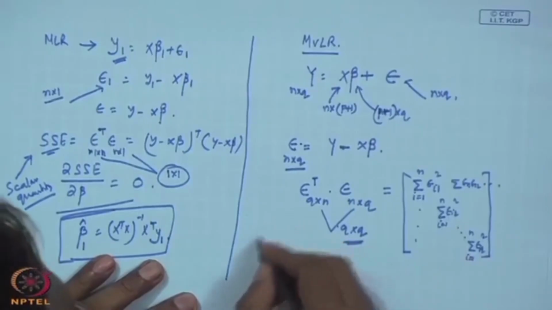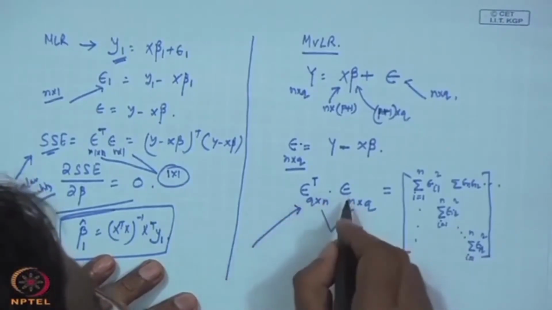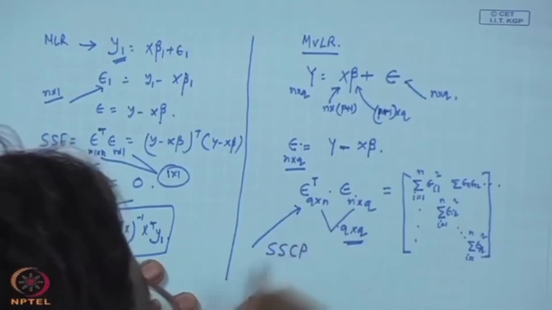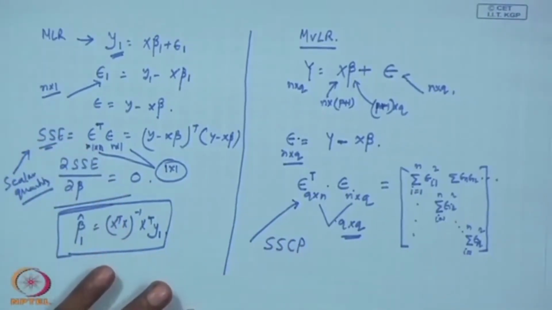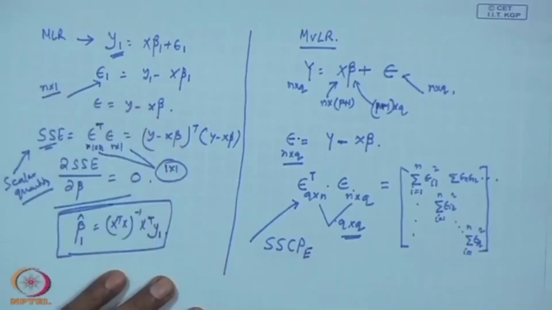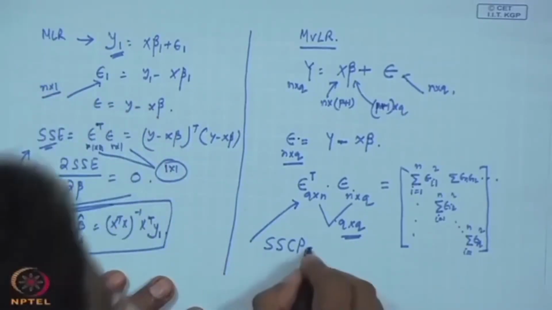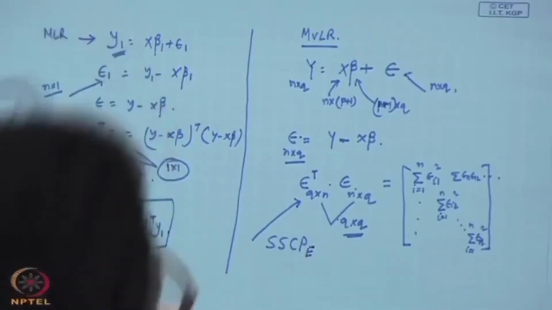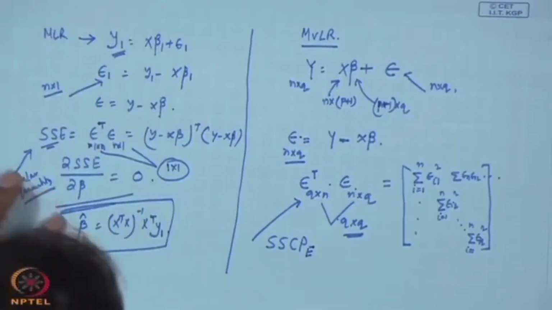So, that means this epsilon transpose epsilon is now the sum square cross product. Getting me? Earlier we have described this sum square cross product; we can write it as E, or you can say sum square epsilon, let it be E. E stands for error.